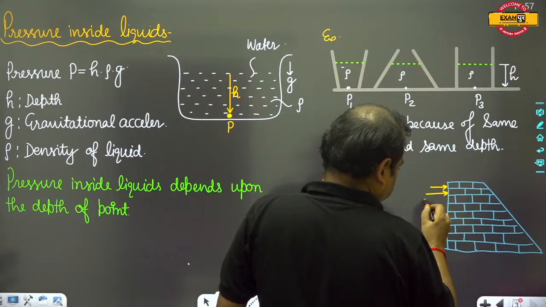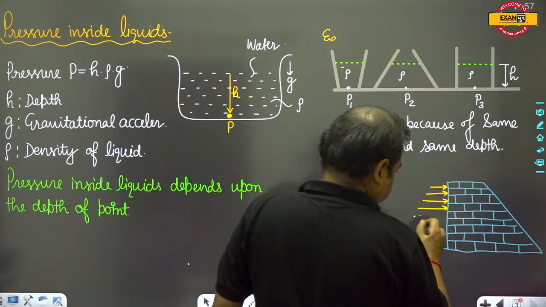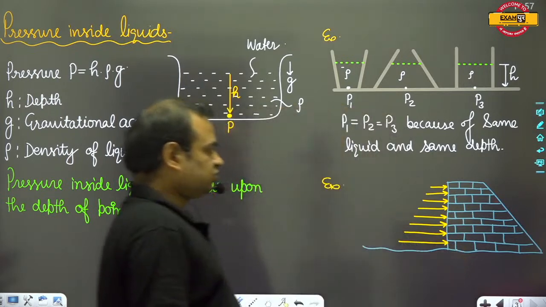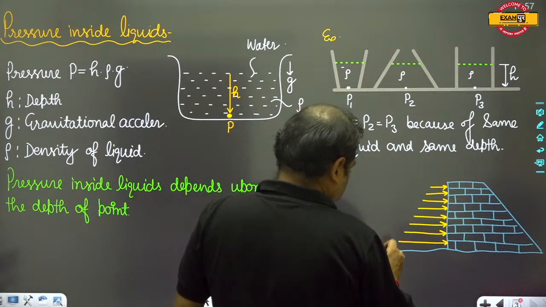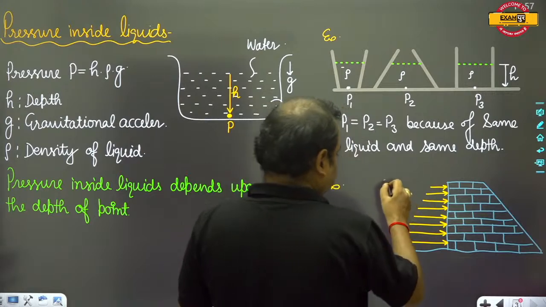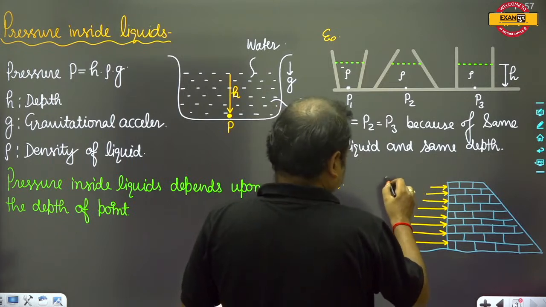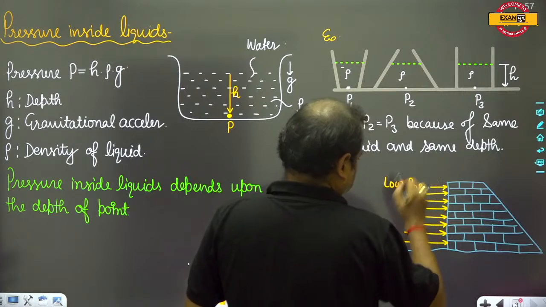But as the depth starts increasing, the pressure also starts increasing like this. So the pressure at the bottom side is very high, and at the top the pressure is low.